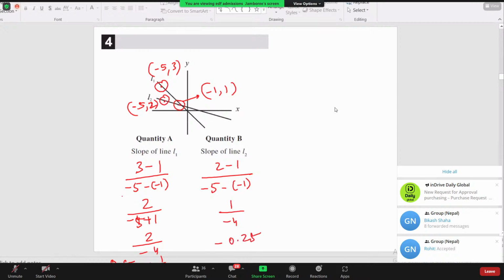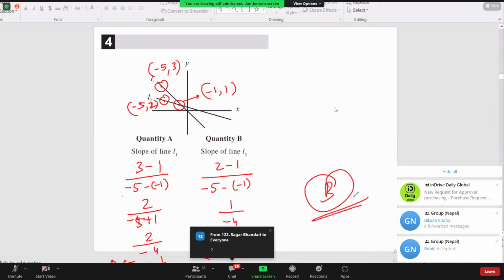And clearly this is minus 0.5, this is minus 0.25. So which line will have greater slope? L1 or L2? Which number is greater, minus 0.5 or minus 0.25? L2. So the answer to the question will be option B.